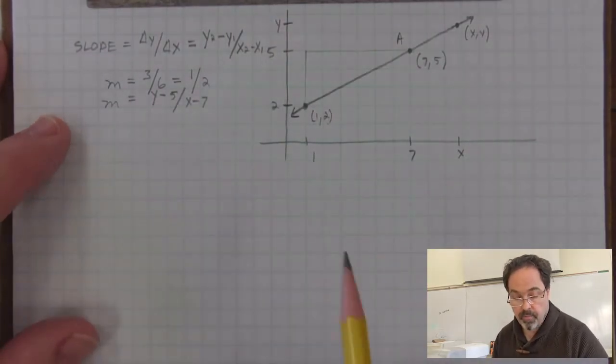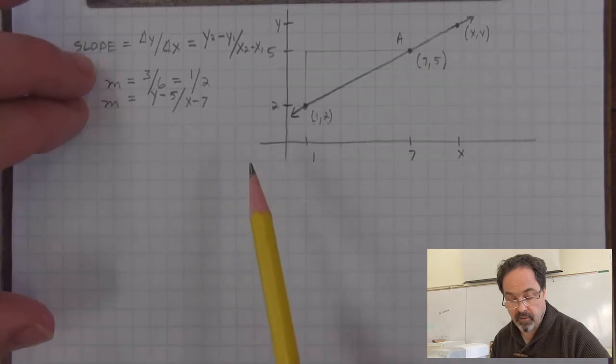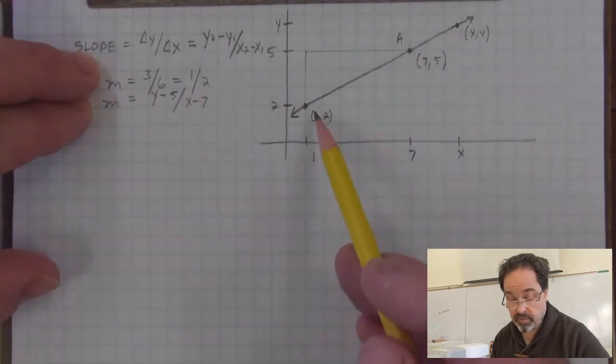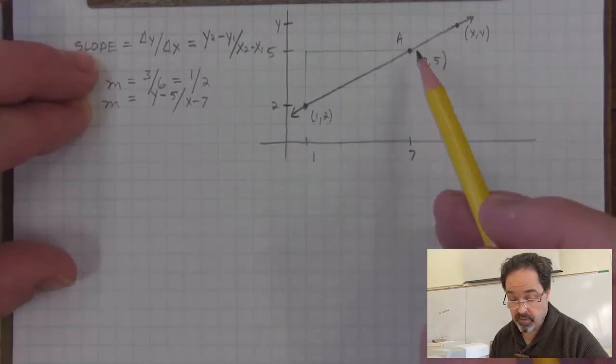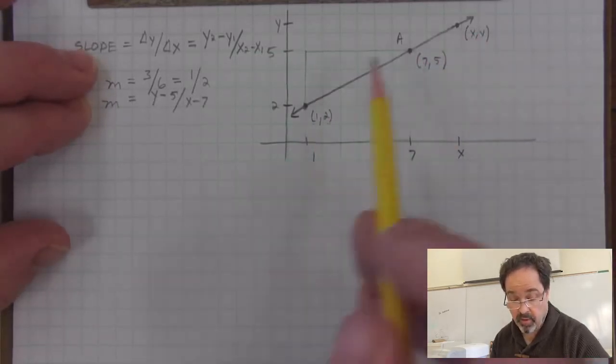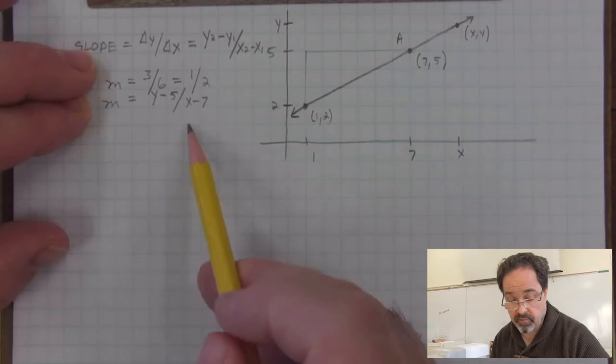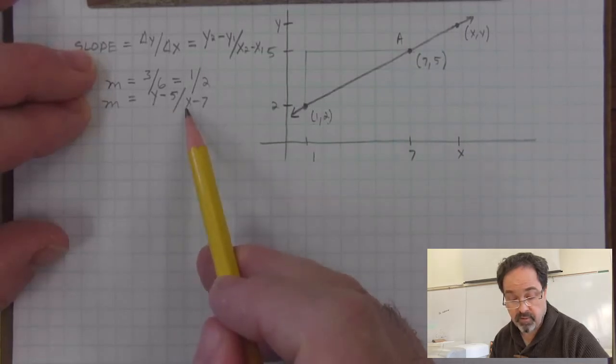And when I do, I can see that I've calculated the slope numerically between these 2 points to be 1/2, and generically between this point and any point x, y to be y minus 5 divided by x minus 7.